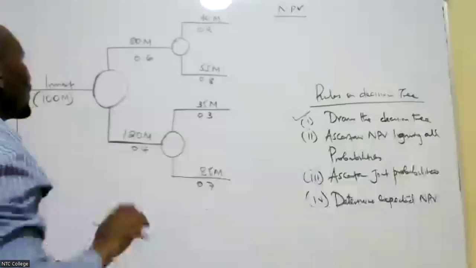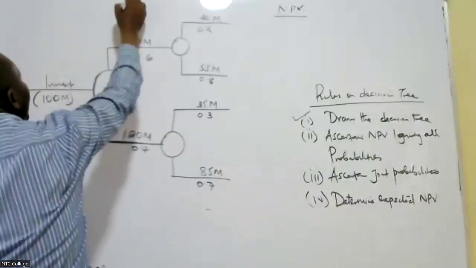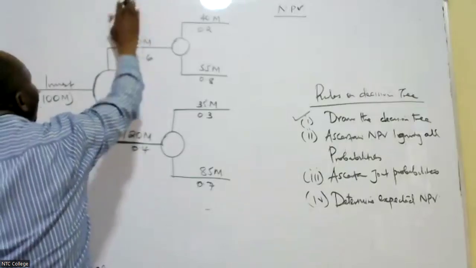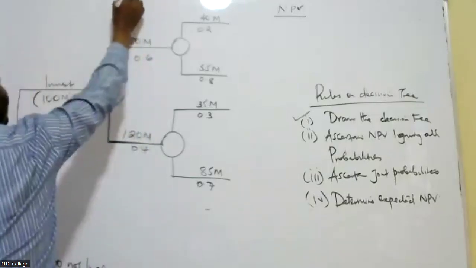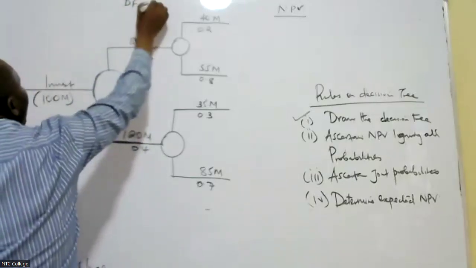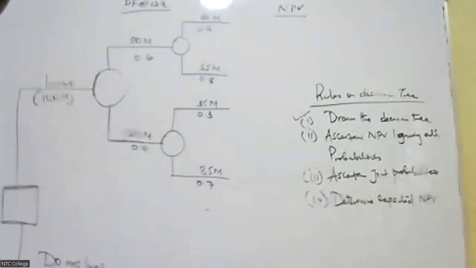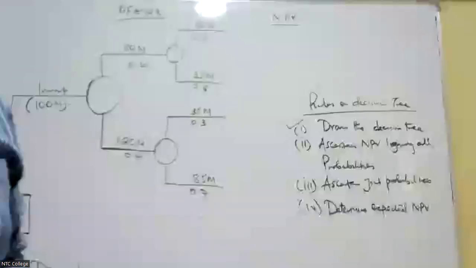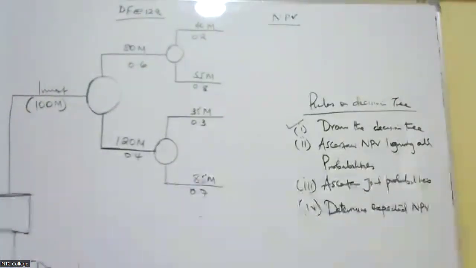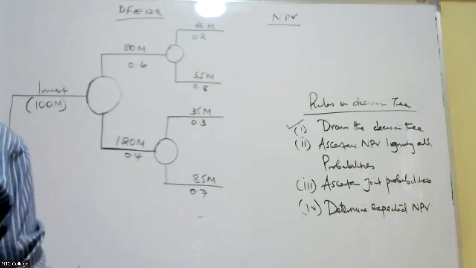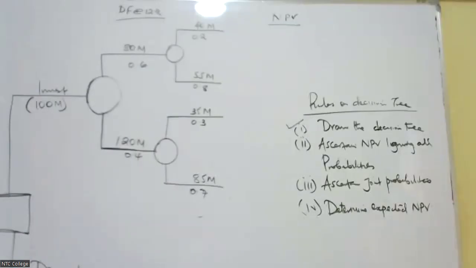But we ignore the probability. So I'll take the discounting factor for year 1, 12%. Remember, 12%. That was 13%, but the one we did was 12%. Do it for 12%, you see.